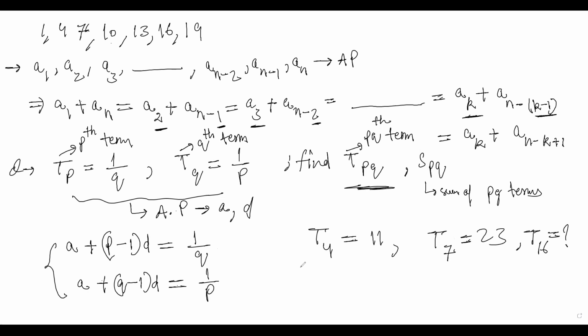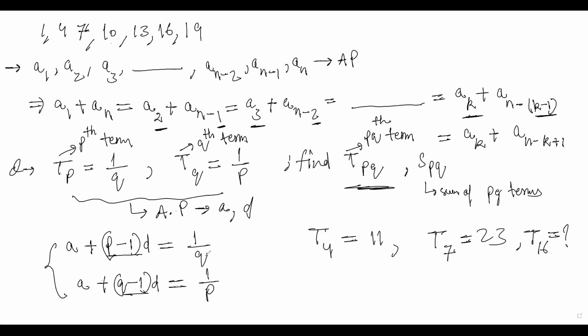A will directly get cancelled out. And from (P minus 1) into D, if you subtract (Q minus 1) into D, D will be common. You will directly subtract Q minus 1 from P minus 1, so minus 1 will get cancelled out.